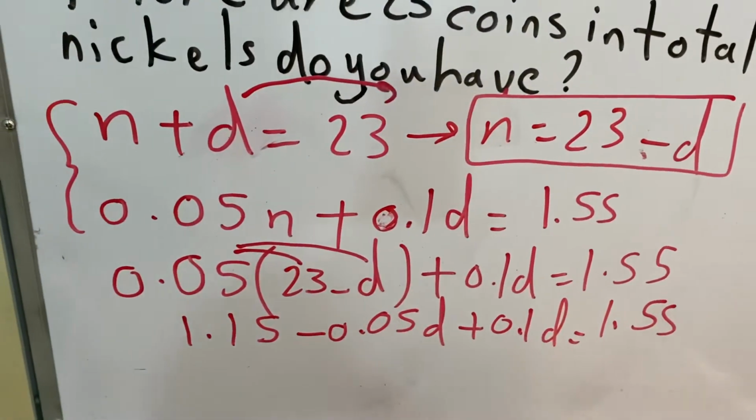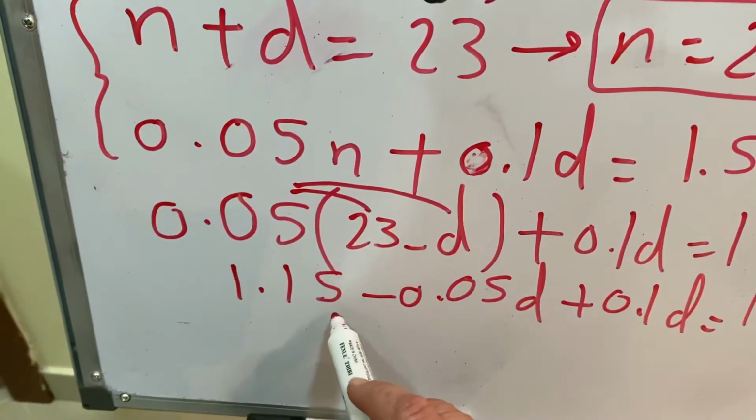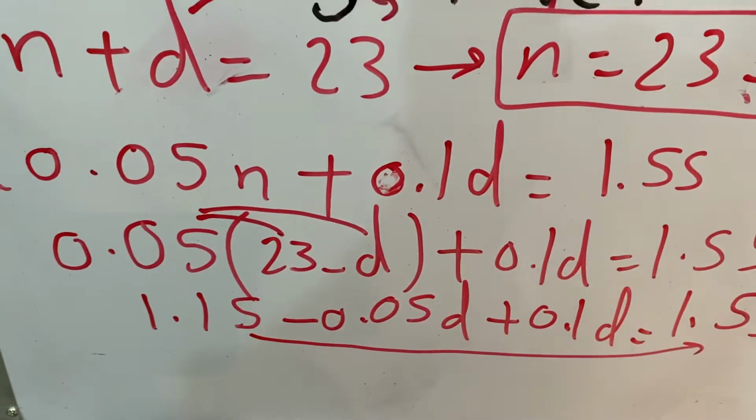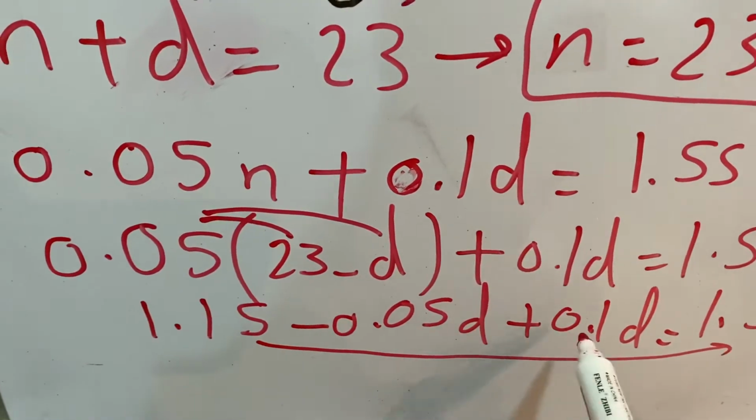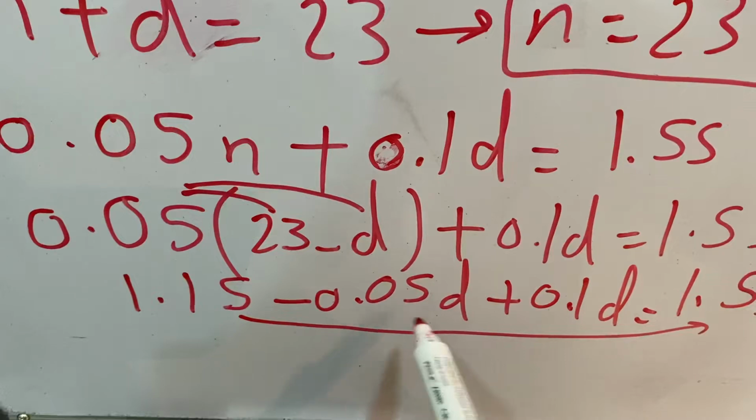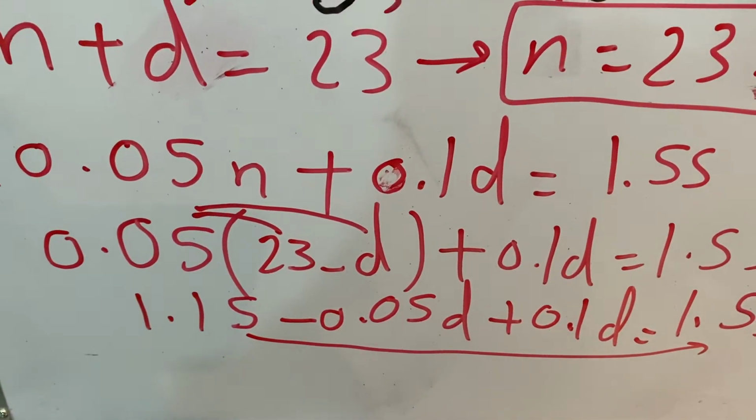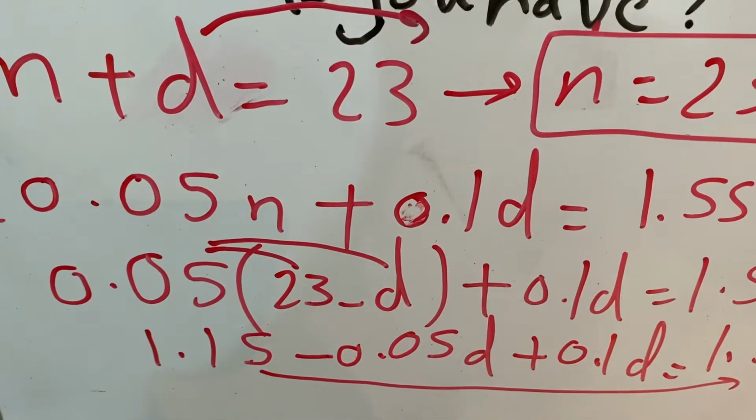Then I have to combine like terms. I will take the 1.15 to the other side. Here I will subtract these two because they have different signs, and the sign of the answer should be positive.